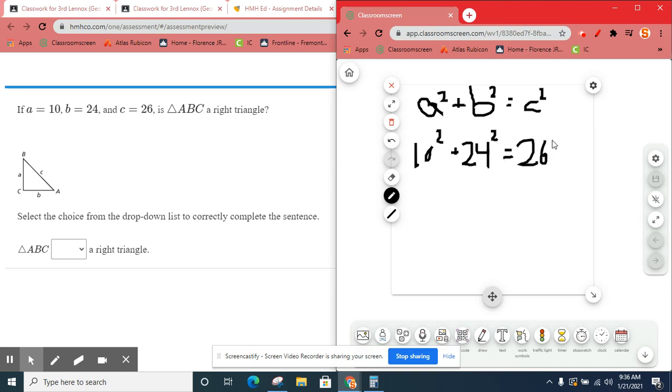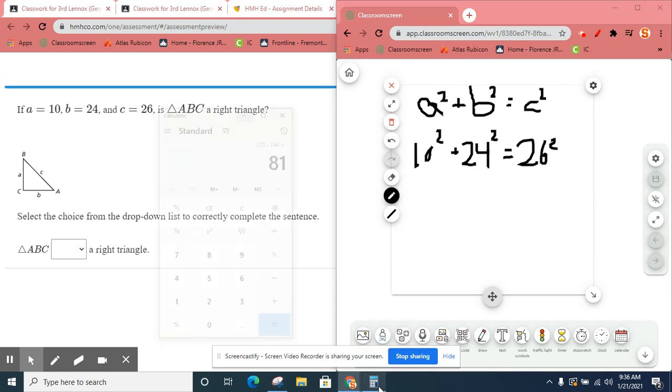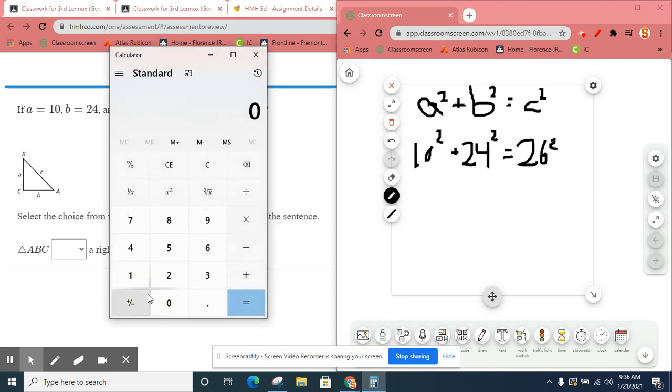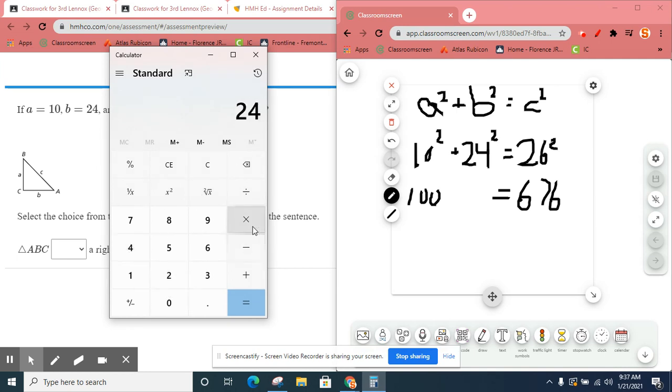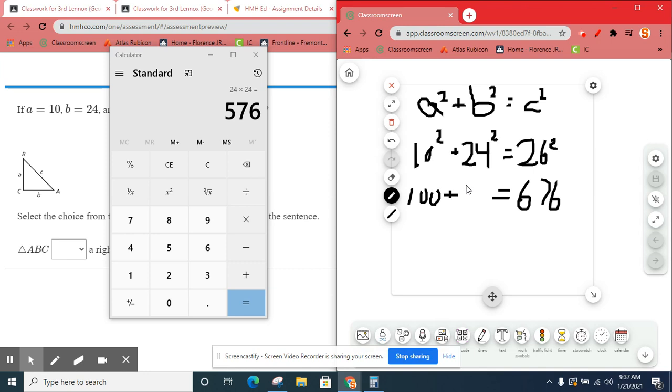So this is where we'll get out our calculator. 26 times 26. Write that down, 676. All right, I know 10 times 10 is 100, and so let's see 24 times 24. And we get 576.